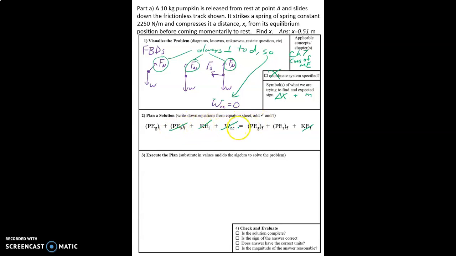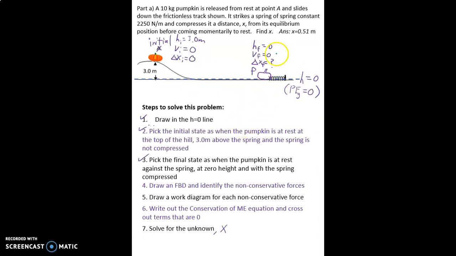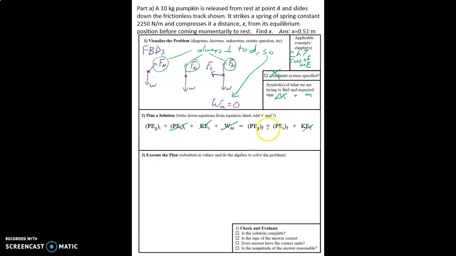There's no work by non-conservative forces, and in the final state the height is 0, so there's no gravitational potential energy. This simplifies things greatly, and we go on to executing our plan. So we have mghi equals 1/2 k delta xf squared.